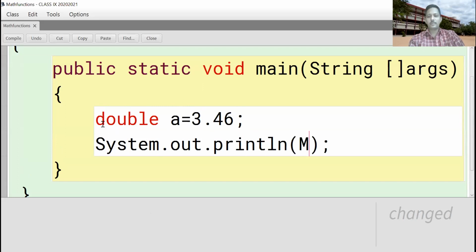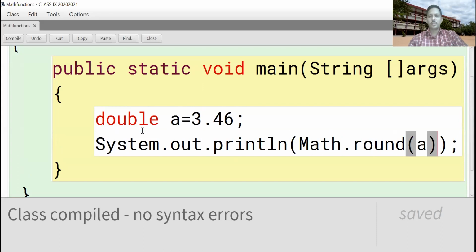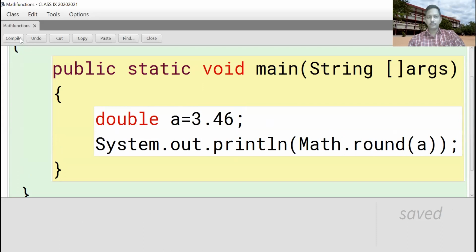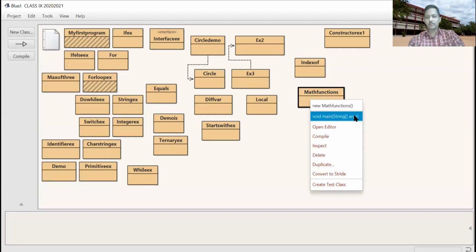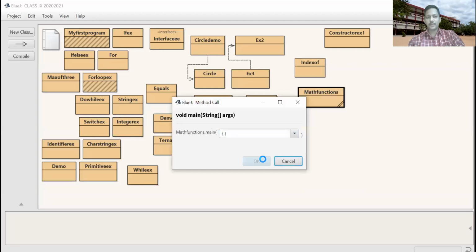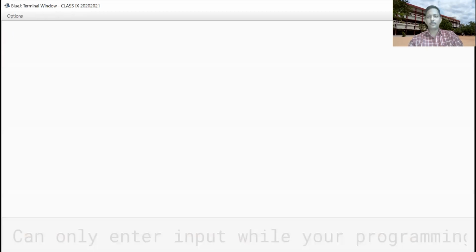System.out.println Math.round(a). Compile. First point is what? If the given argument is positive or negative, it prints its nearest value. So output is 3.